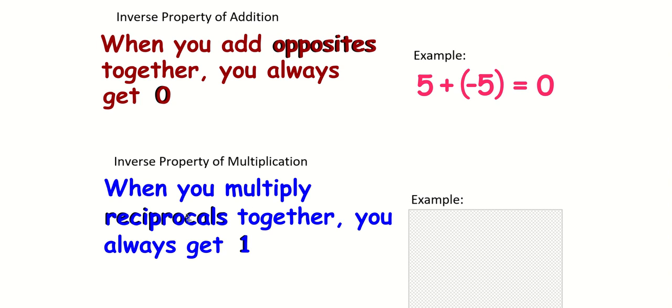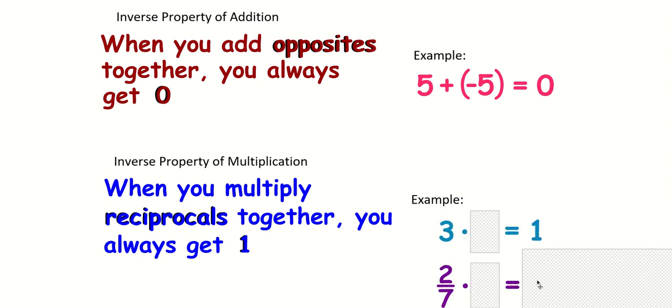Again, we already wrote this down in an earlier lesson this chapter. Whenever you multiply two reciprocals together, you always get 1. I'm glad I have 2 examples here. So 3 times what is 1? What's the reciprocal of 3? Just like 2/7 times what equals 1? What's the reciprocal or the multiplicative inverse of 2/7?